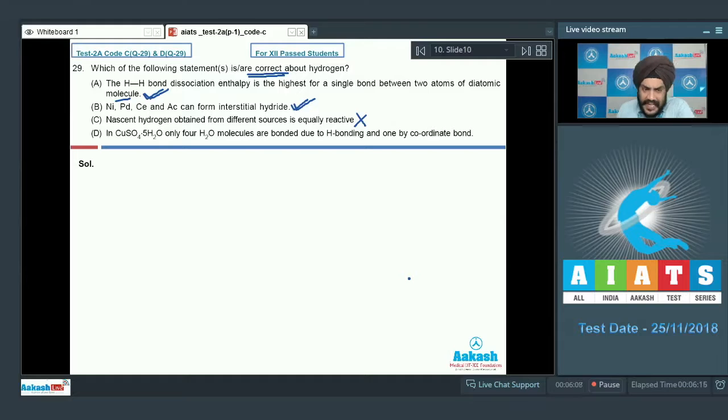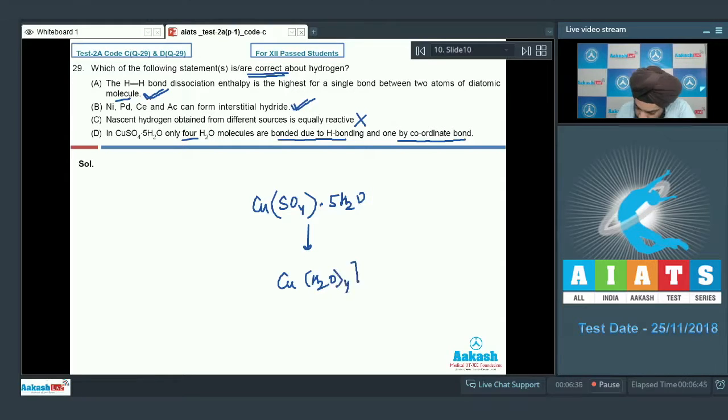Let us look at option D now. In CuSO4.5H2O, only 4 H2O molecules are bonded due to H bonding and 1 by coordinate bond. Students, this statement is incorrect. There are 4 H2O molecules which are coordinated. So the CuSO4.5H2O can be written as [Cu(H2O)4]SO4.H2O.